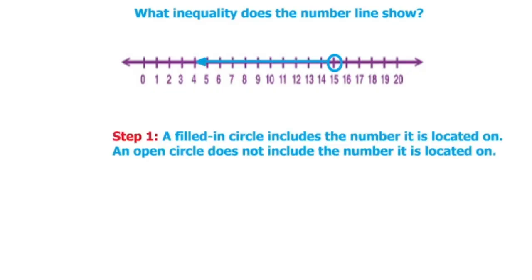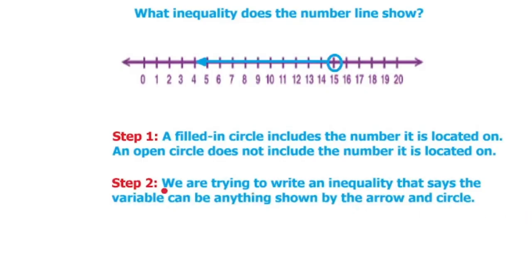So we need to decide what inequality equation satisfies this. So first thing to know is a filled-in circle includes the number it is located on, and an open circle does not include the number it is located on. This is an open circle on the 15, so that means the 15 is not included.